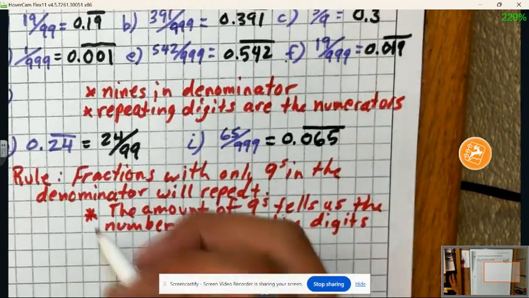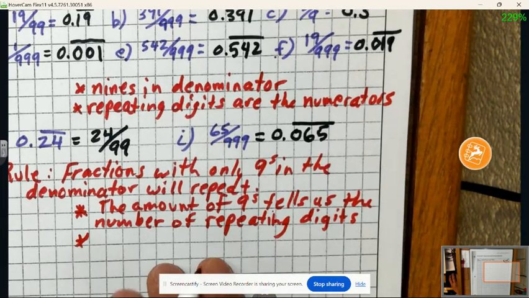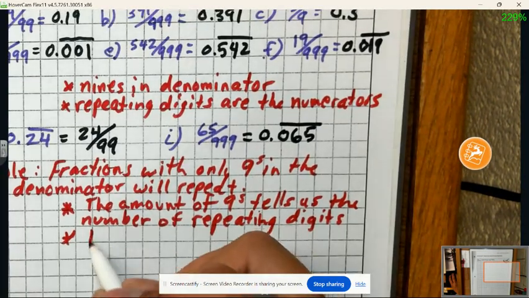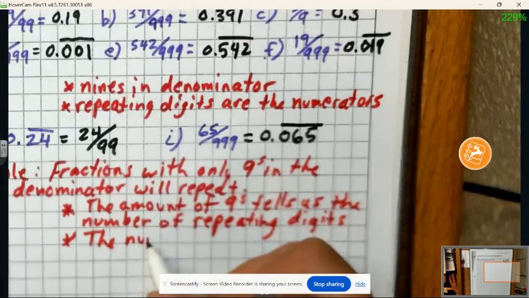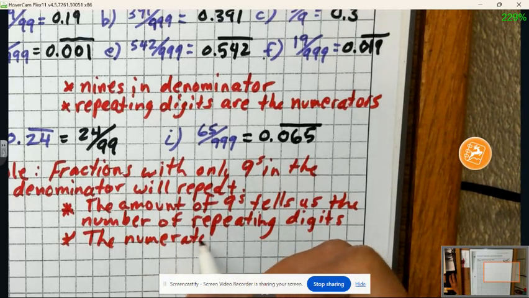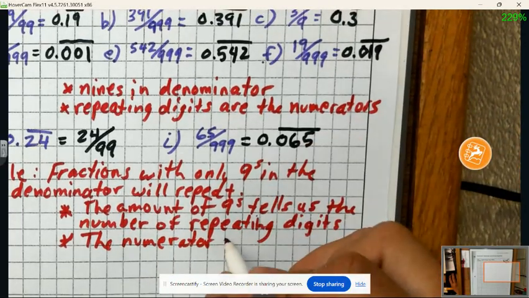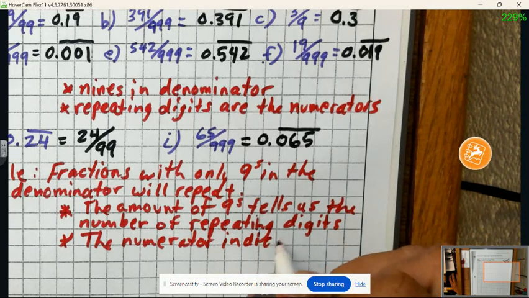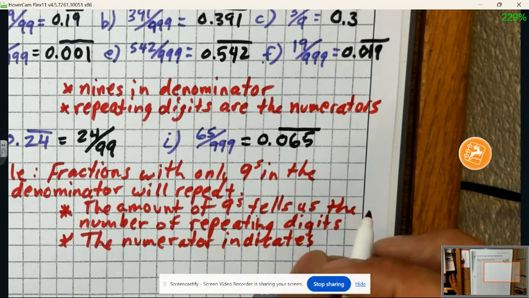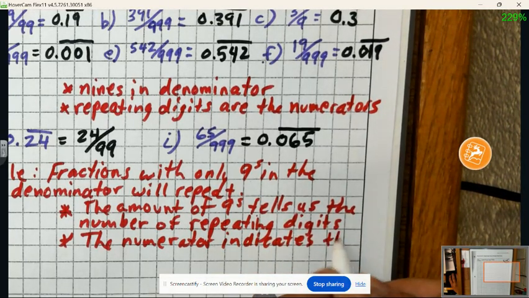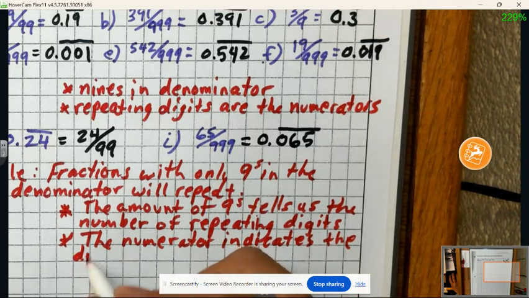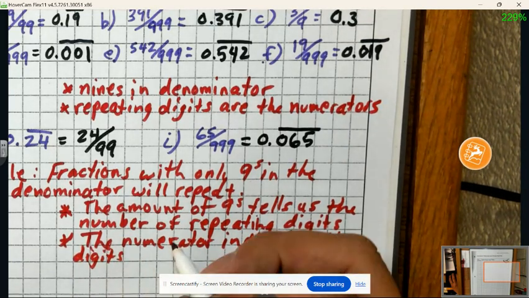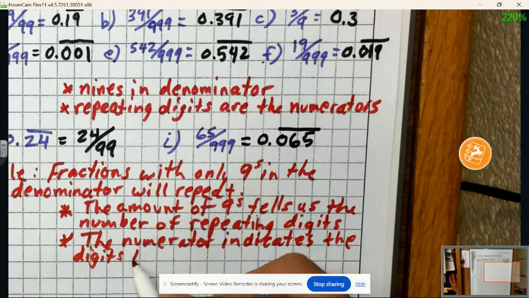Okay, so the numerator indicates the digits that repeat.